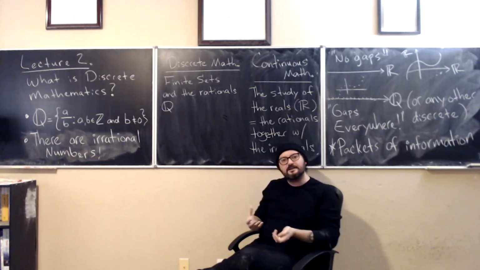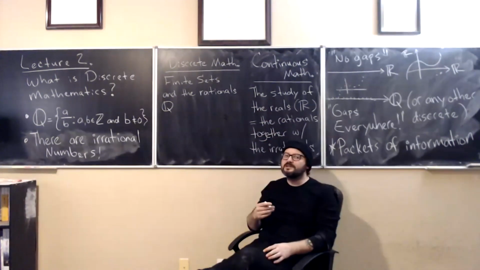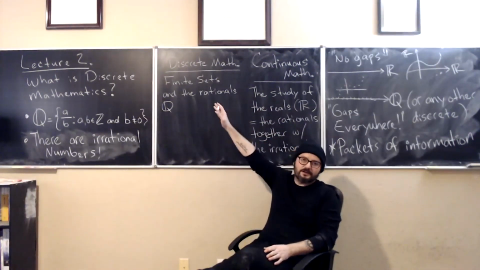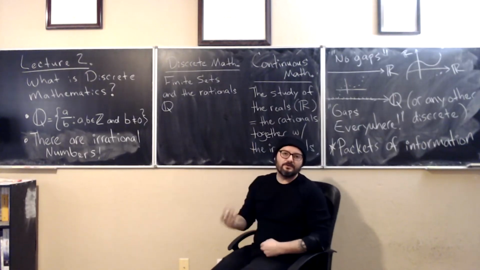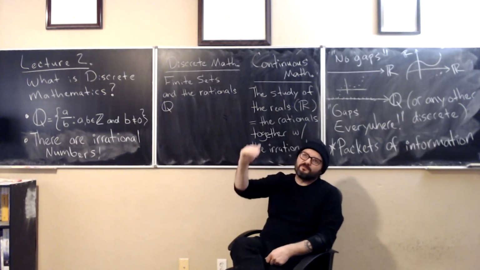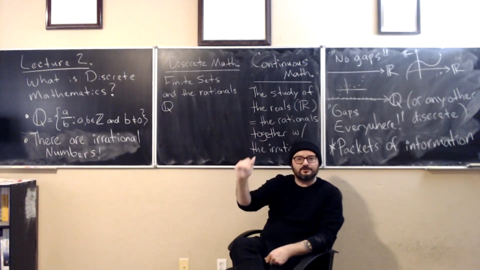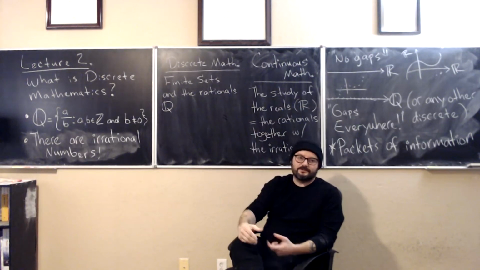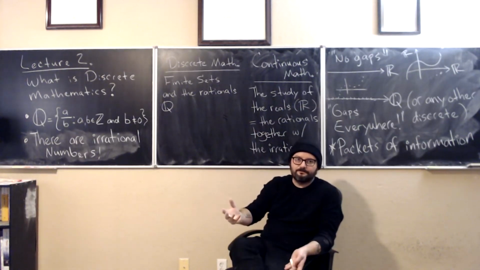It is a finite collection of things, which means that a computer is a discrete mathematical object, right? What is an algorithm? An algorithm is nothing more than a discrete, or finite, collection of instructions. That's a discrete mathematical object, right?